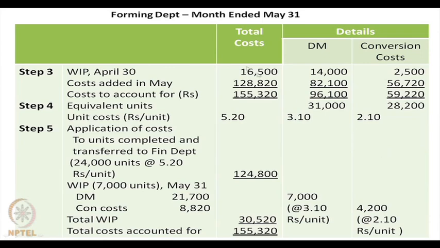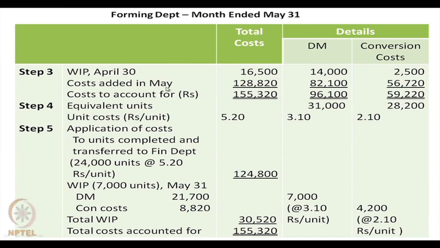Now, we followed steps 3, 4 and 5 exactly in the same way as we did in the month of April. Here, for work in process in April end, the direct material was 14,000 and conversion cost was 2,500, totaling 16,500.